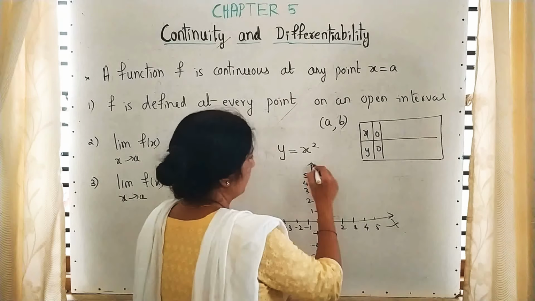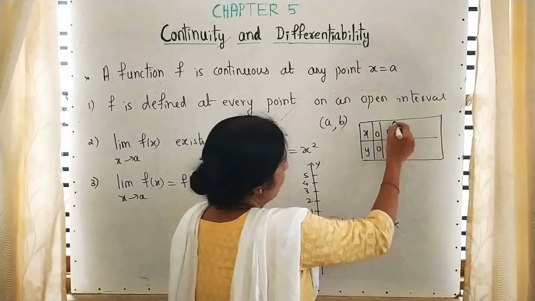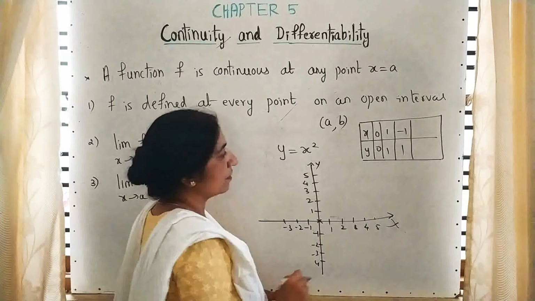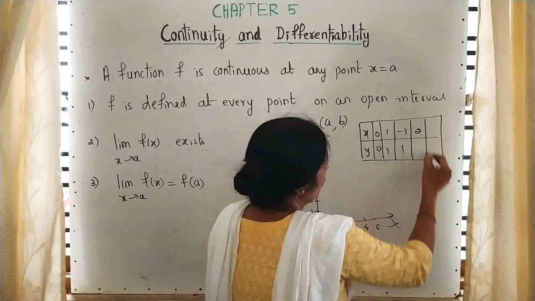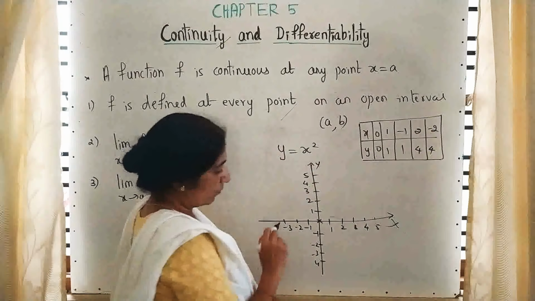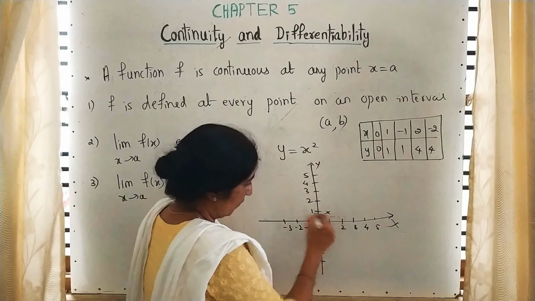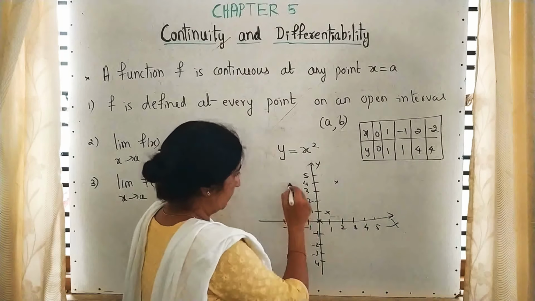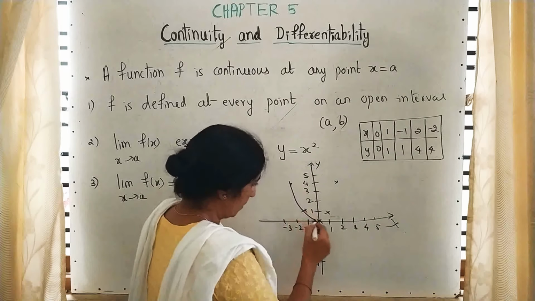This is the x-axis, this is the y-axis. If x is 1, y is 1. If x is minus 1, y is 1. If x is 2, y is 4. If x is minus 2, at that time also it is 4. So mark this. Yes, the curve is like this.